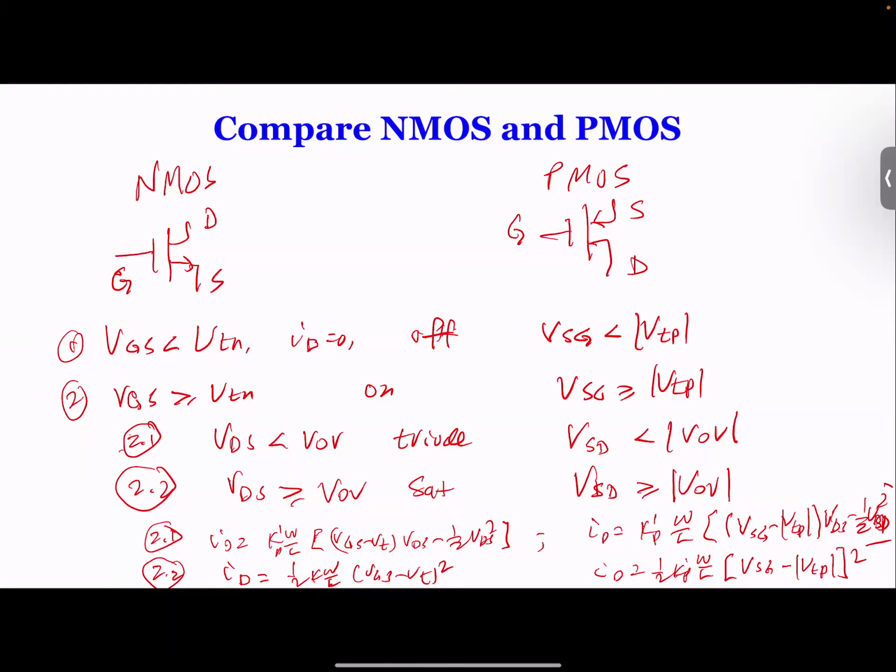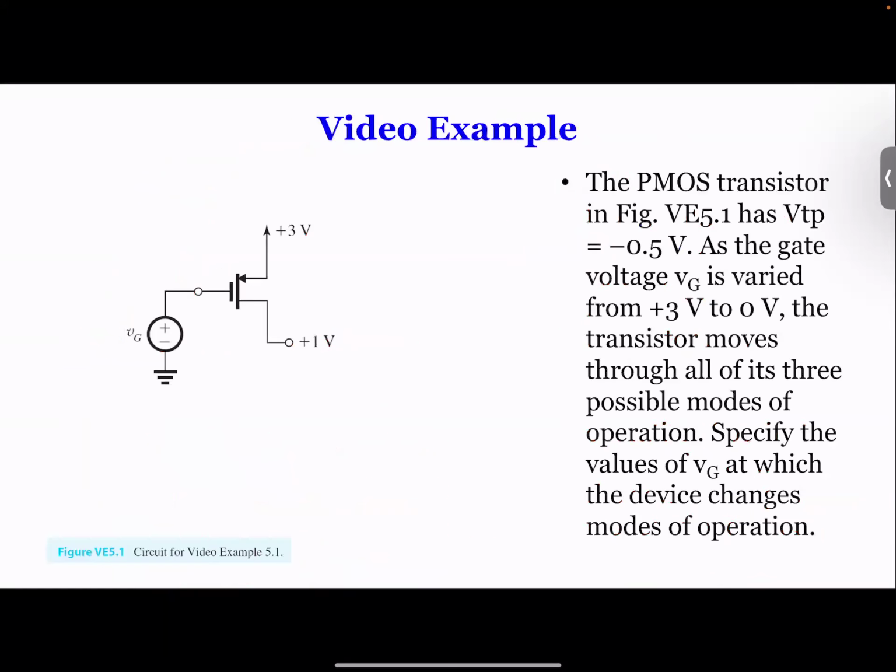And here we didn't consider the pinch effect yet, but if we get the pinch effect for the saturation region, we will simply multiply this by 1 plus lambda times VDS, or like VDS divided by RO. So that's why we have equivalent circuit later on.